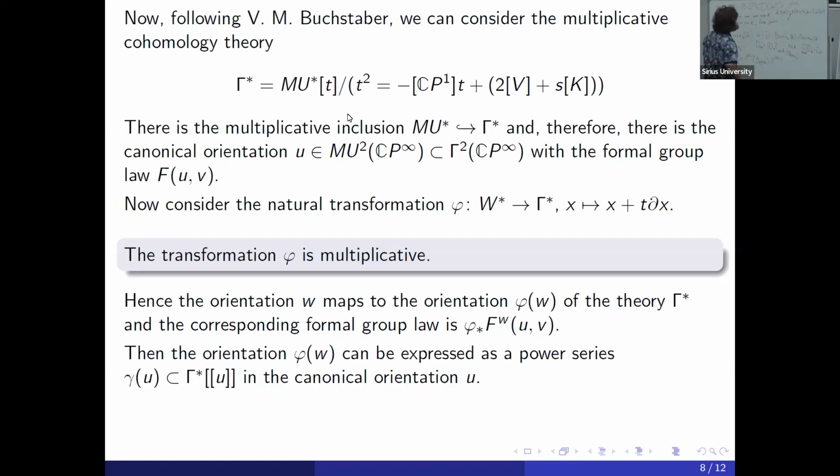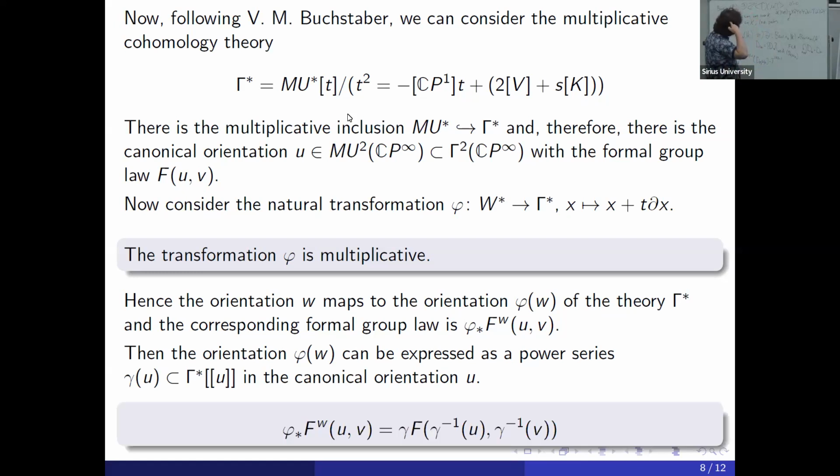If we express our orientation as a power series in our canonical orientation, then we obtain the standard formula comparing formal group laws for two complex orientations on gamma.